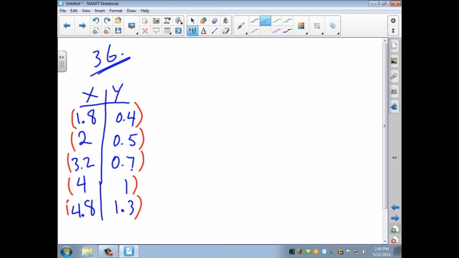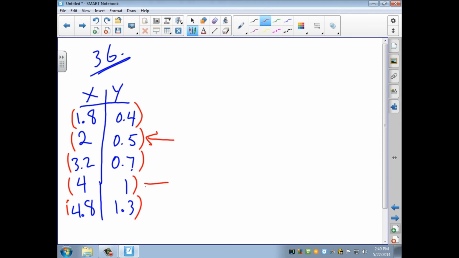Derive an equation of the straight line L that passes through the points with the coordinates of 2 and 0.5, so this point, and 4 and 1, this point.